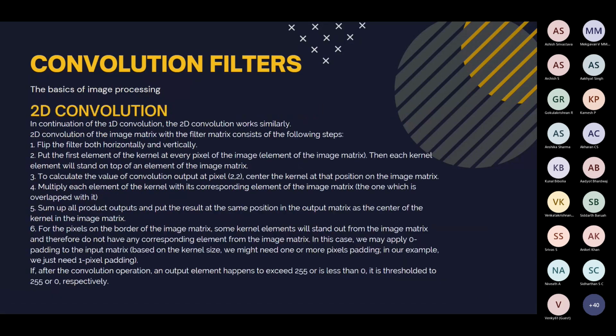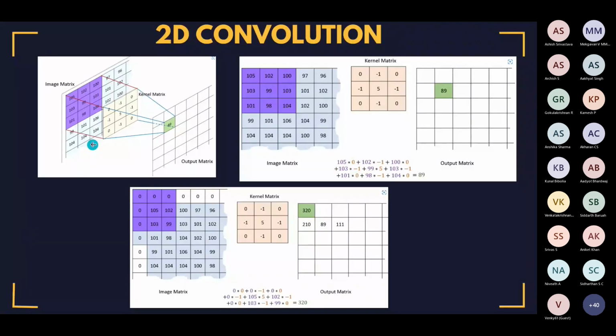So next up, we move to 2D convolution, which is where we start diving into the basics of image processing. I've shared the slide with you guys. If you want to read up, you can read up these steps that I've given. I'll be explaining it to you with the help of these images over here. Now 2D convolution is the same thing.